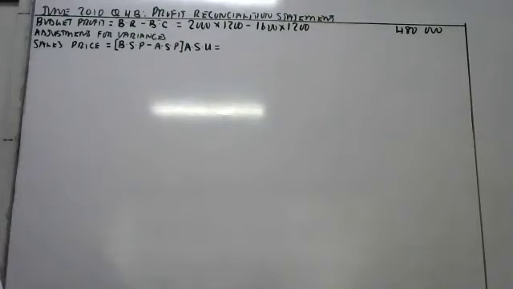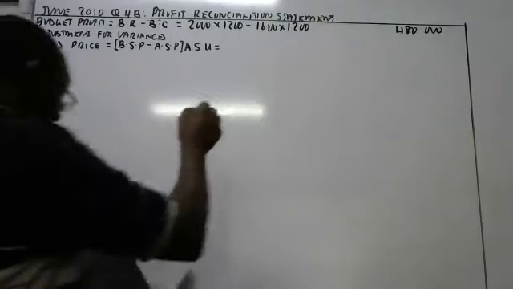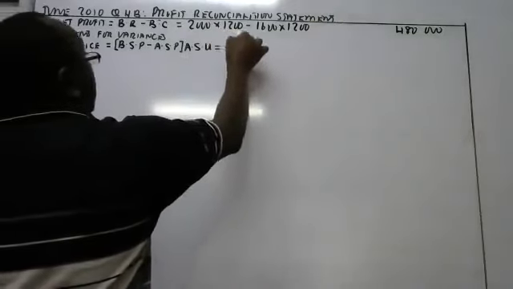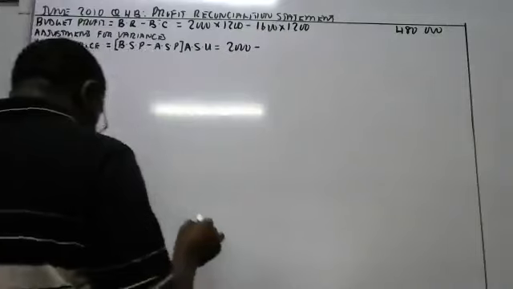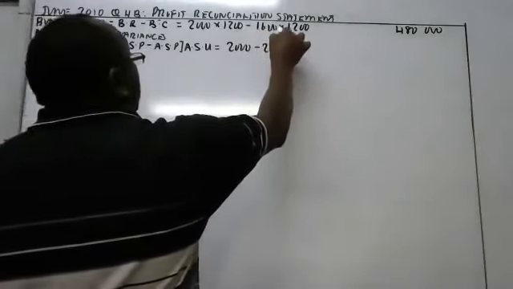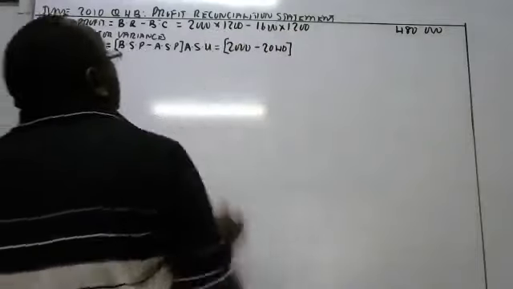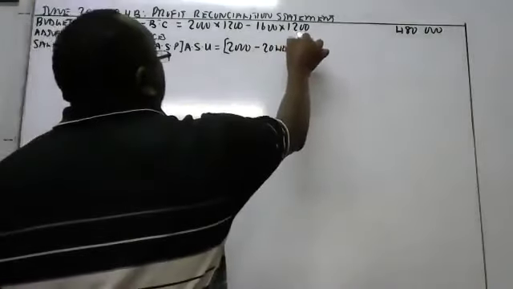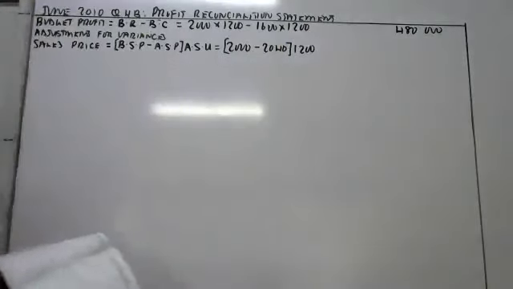Yes. And the formula is budgeted first, because I want to narrow it down to what was sold. The budget selling price is 2,000 minus the actual selling price of 2040. And the actual units that were sold were 1,200.